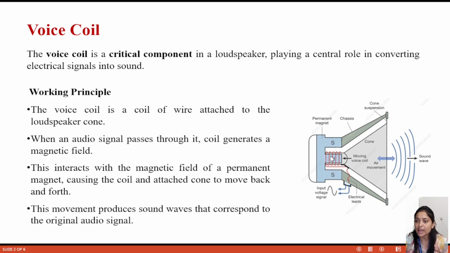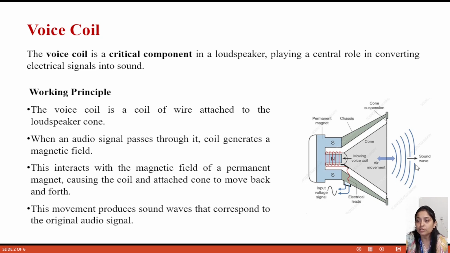Just in front of the voice coil a diaphragm is attached, made of a very thin sheet. So when the voice coil moves continuously back and forth, the diaphragm attached in front of it also moves continuously back and forth. Due to this vibration, a sound wave comes from that side.